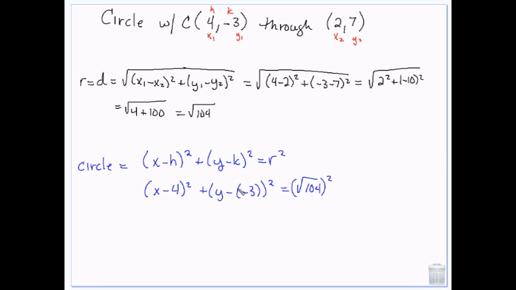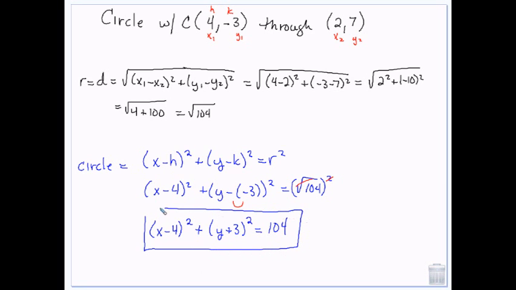Don't forget, if your number up here is negative, it has to be minus the negative, so it becomes a positive, and the square root and the square cancel each other out. And in the first one, I don't do anything. This becomes y plus 3 squared is equal to 104. That is the equation for the circle I just made up.